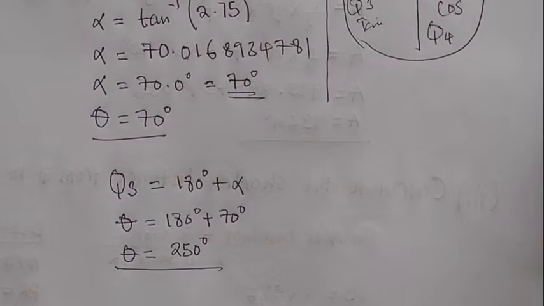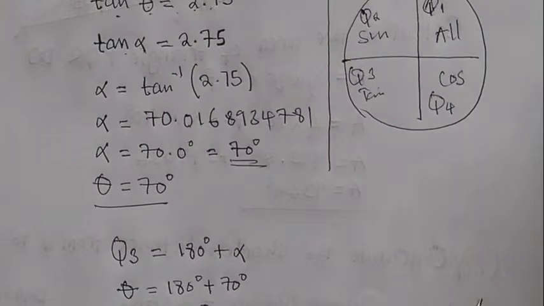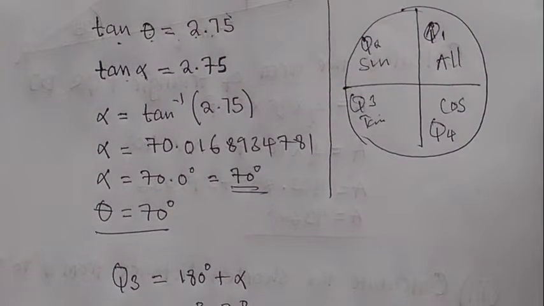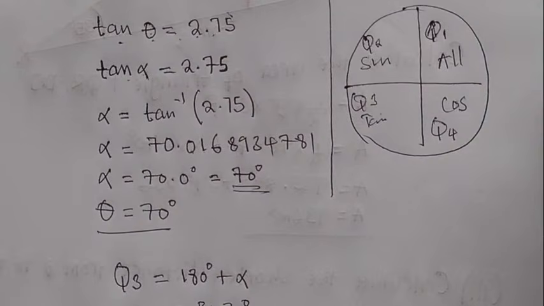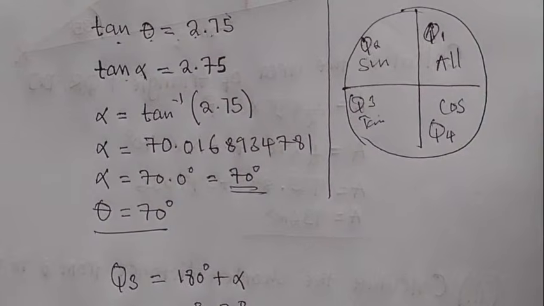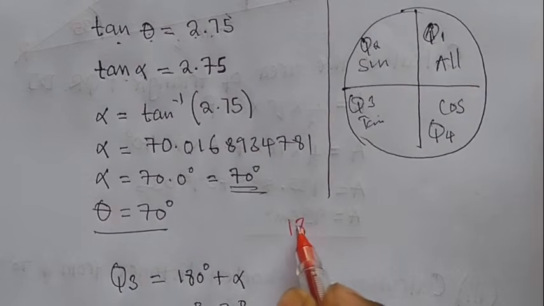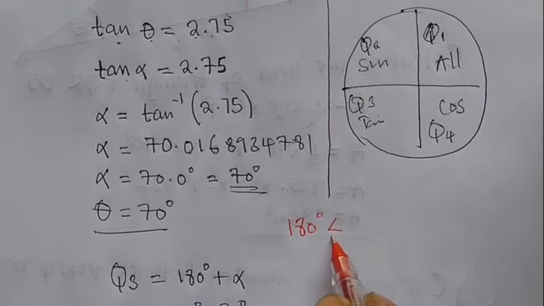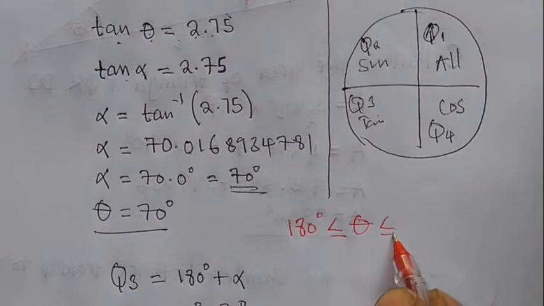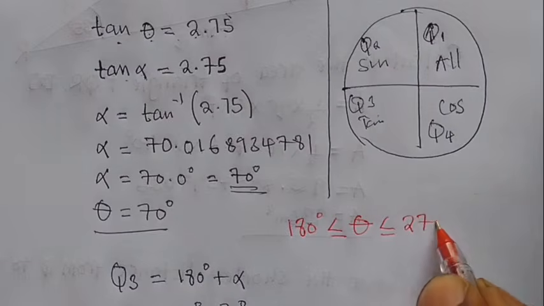Now, before we make up a statement, we need to look at the range. Okay, the range is very, very important. So we need to consider the range. What was the range? According to the question, the range is 180 degrees less than or equal to theta less than or equal to 270 degrees.